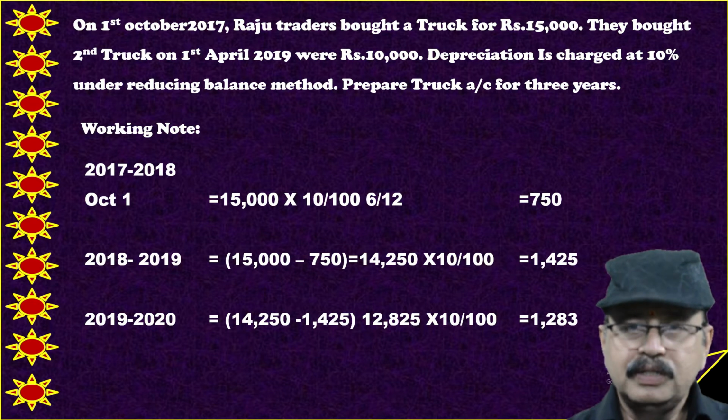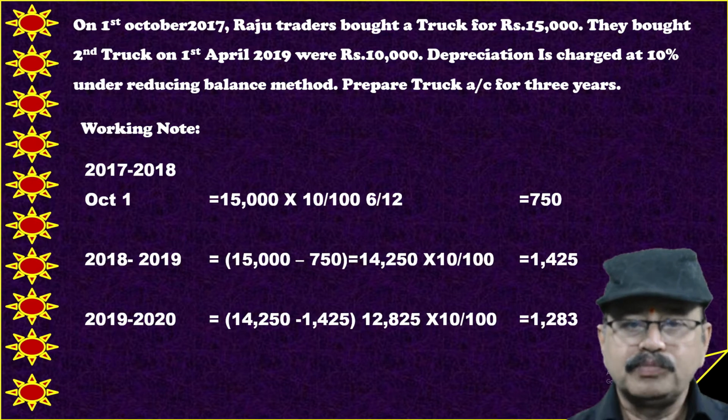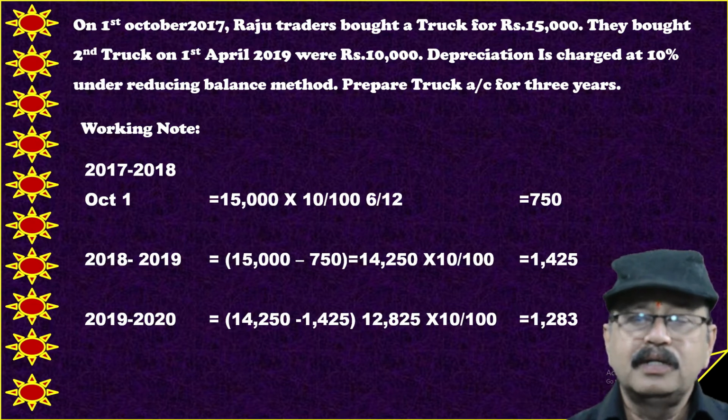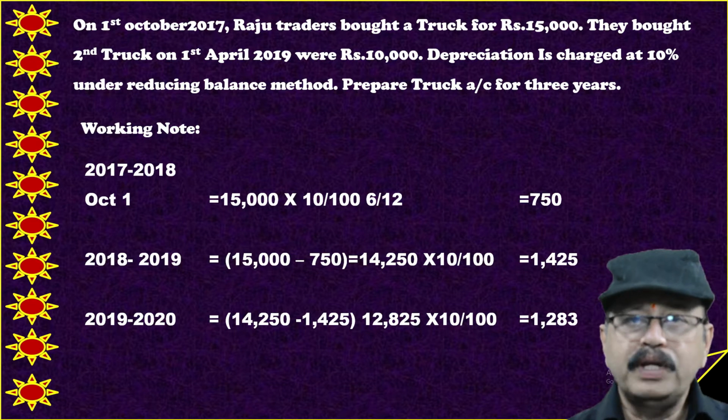In the third year, they bought another truck for 10,000. The second truck was bought on 1st April, at the beginning of the year, so it is going to work for 1 year. So directly we can take 1 year depreciation on the second truck.